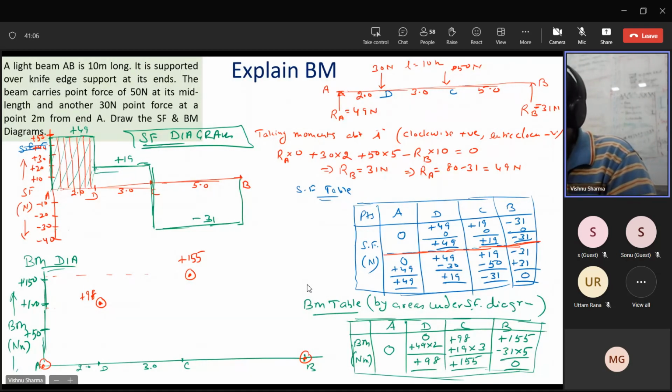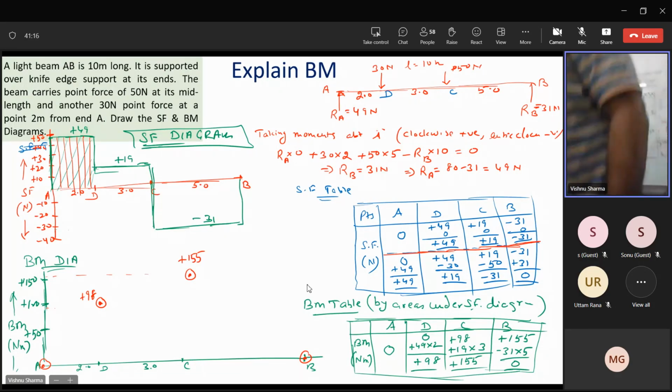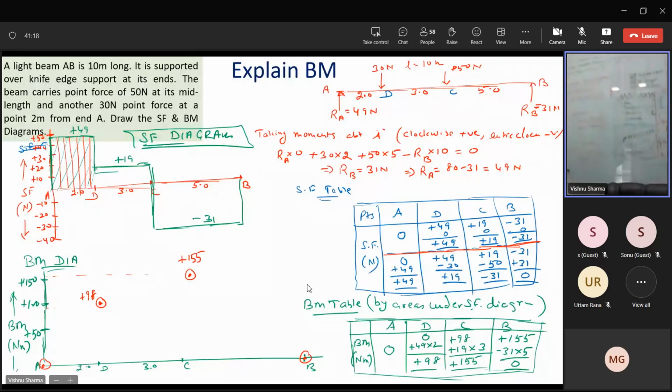If I divide it into equal parts, say half a meter each, is the area changing equally in every half a meter, yes or no? My question is, from A to D, is the area changing at a uniform rate? Yes, sir. Now I'm asking about area. So your focus has to be on area, not on the beam diagram, your SF diagram.